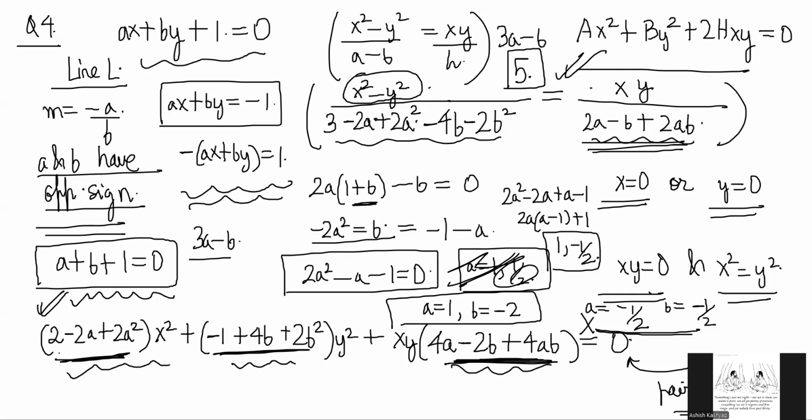You could have done it in a different way also. If the bisectors are x and y, the slope of the original lines must be plus minus 1 or something, right? Do you understand what I'm saying right now? Yes, sir. If the two bisectors are x and y axis, what will the slope of the lines be? 1 and minus 1, right? Yes, sir. So m1 plus m2 should be 0 from here only, no?